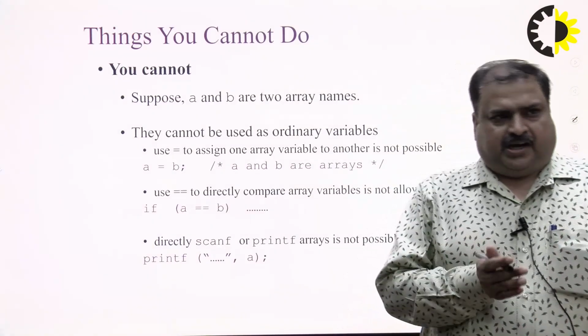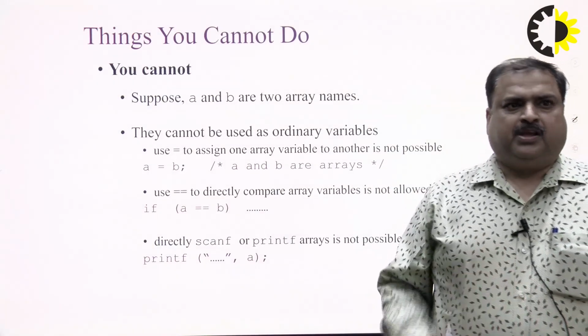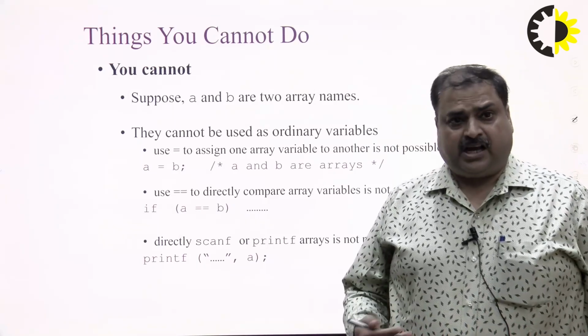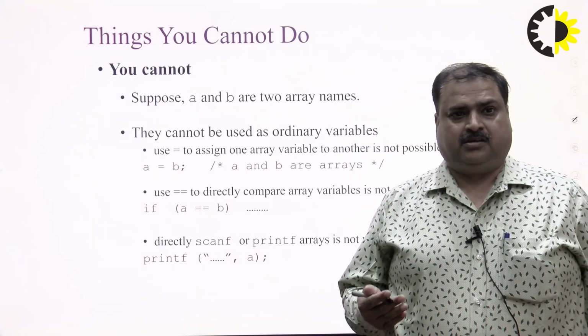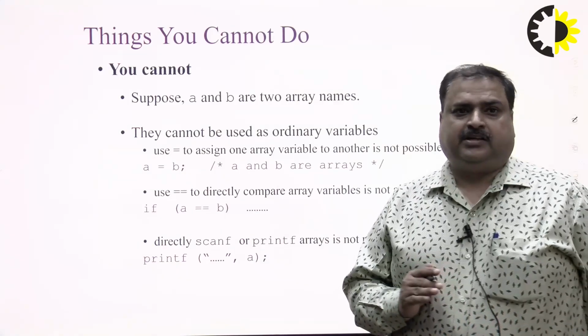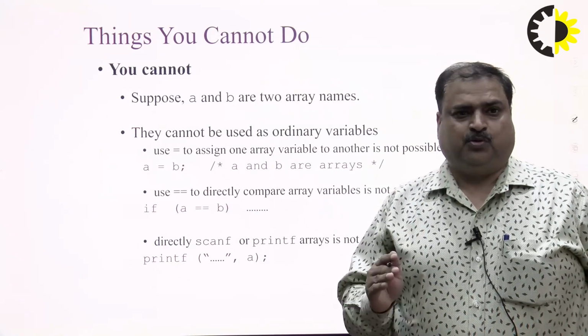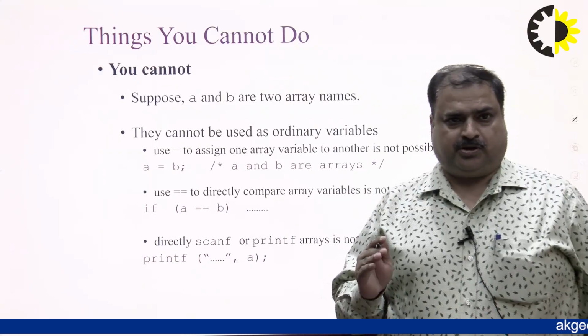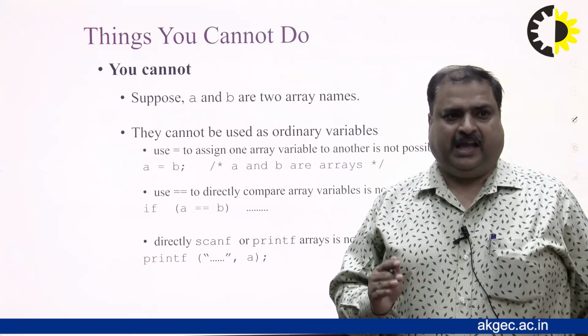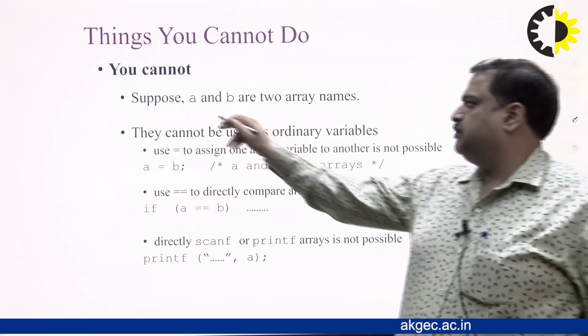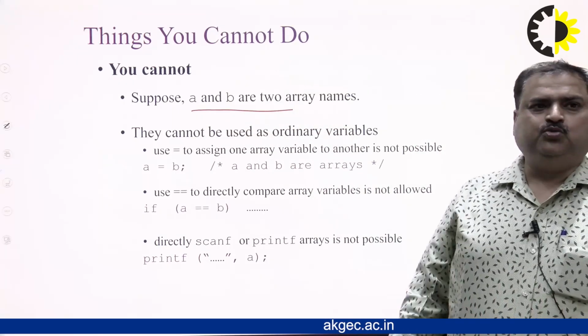There are certain restrictions that we are supposed to remember while using these arrays. For example, we have A and B, two arrays.